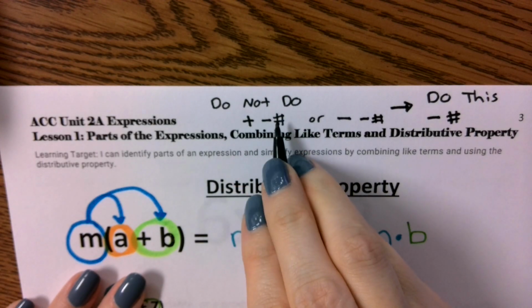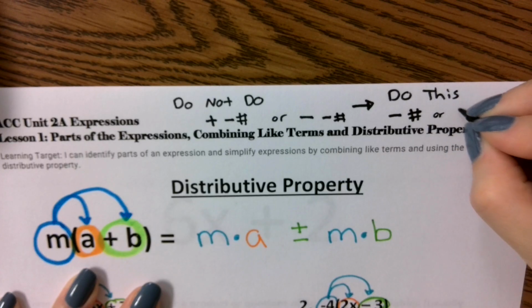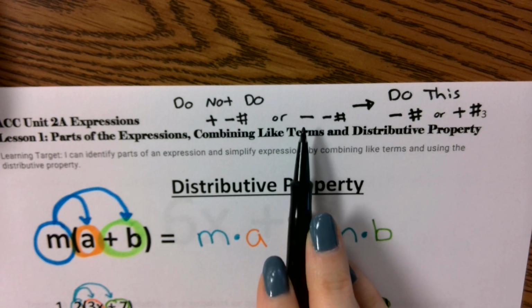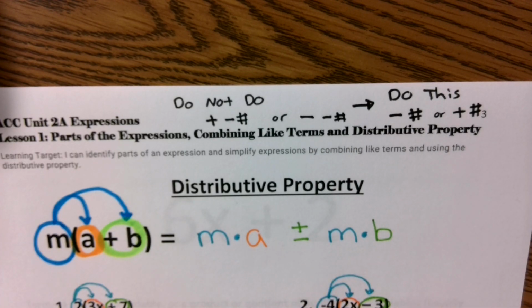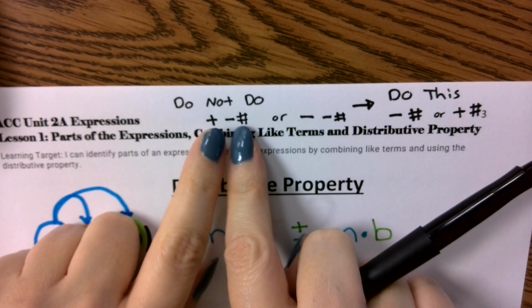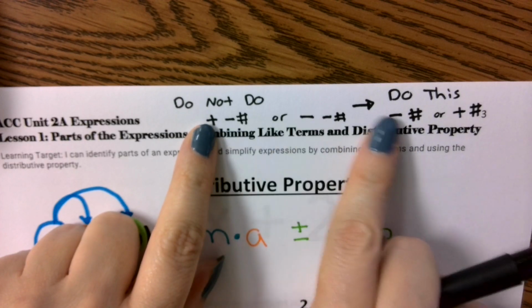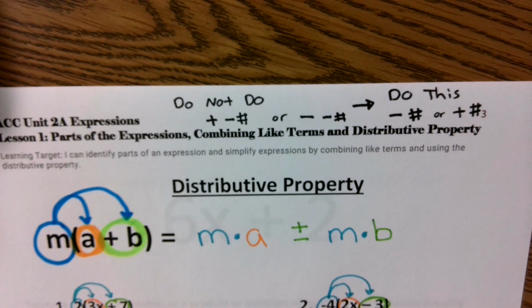Plus a negative number is just minus a number. Minus a negative number is plus a number. So if you see us saying plus negative 2, plus negative 2 just means minus 2. If you see me saying minus a negative 2, minus a negative 2 is just plus 2. You do not do those double signs. Double signs cannot be written there. You got to eliminate the double signs. If you see plus minus, it's just a minus. If you see minus minus, it's a plus. Everybody clear? All right.